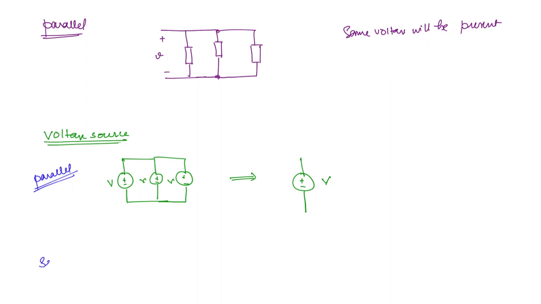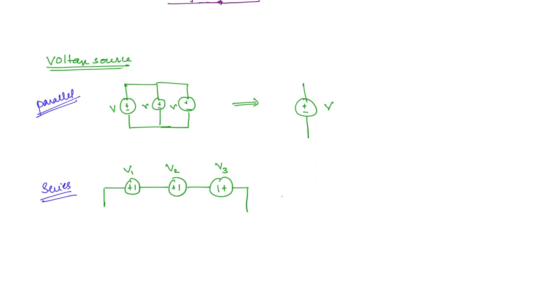What about a series connection? In the example, we will take 3 voltage sources, giving V1, V2 and V3. Then we need to represent it with an equivalent voltage source, VEQ. The polarity we have taken is plus on the left-hand side, negative on the right.